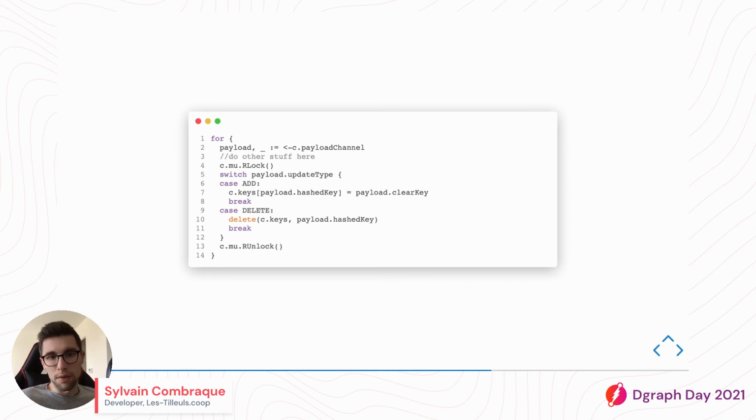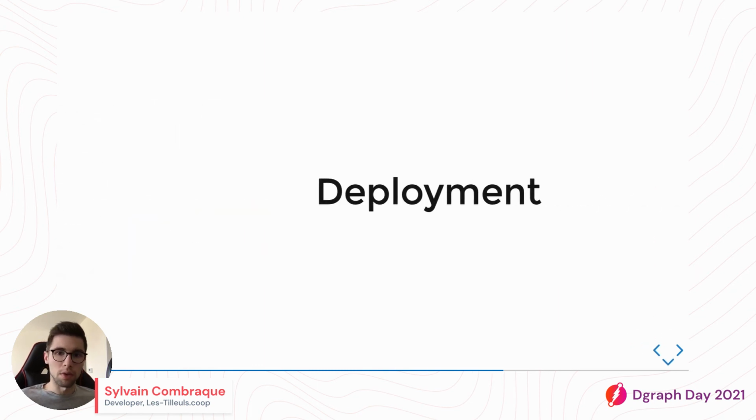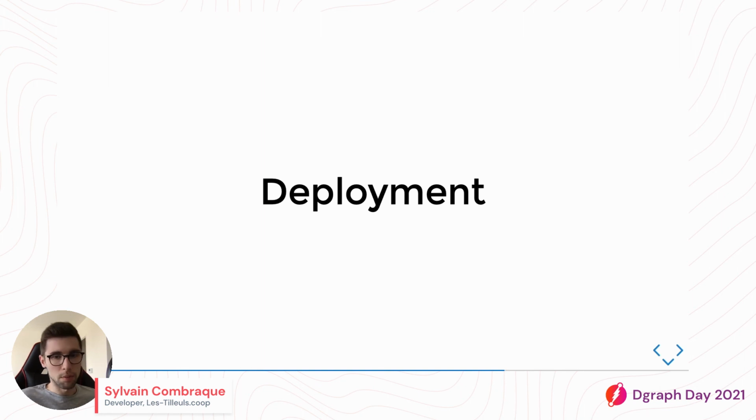So after this very long technical part, we can now talk about the deployment system. The deployment is secured by Travis CI to avoid any regression. Then the GitHub action takes over to deploy only tagged versions on master and full version branches.